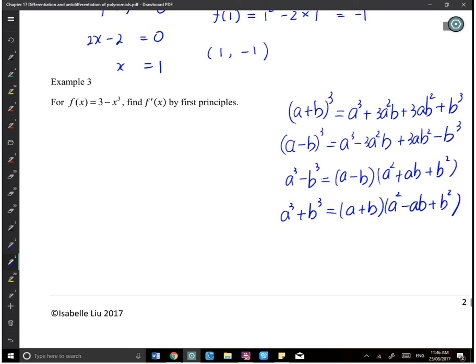Okay, that's four formulas, except the perfect square, you must know this as well. Okay, you must know these 4 as well. Write smaller. Make sure you have enough space to do first principle.